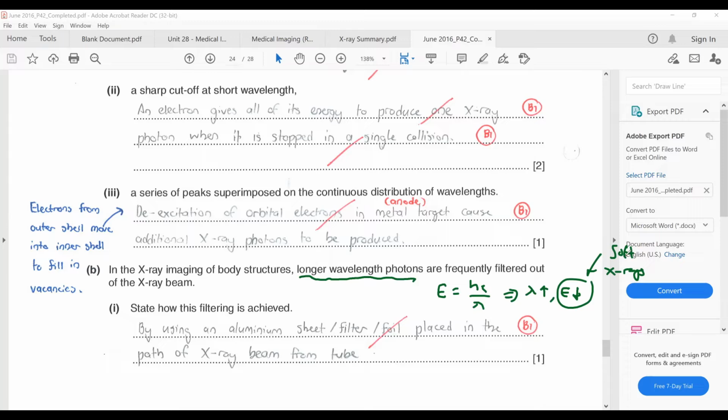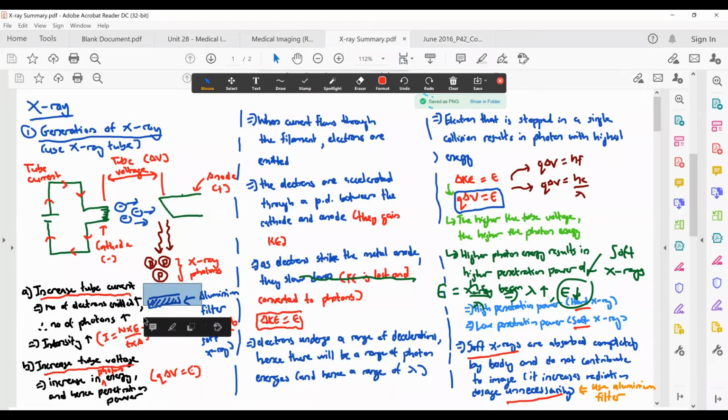Okay, that doesn't do anything other than giving you unnecessary radiation dosage. So how would you achieve the filtering? How would you filter it off? So as I mentioned to you, you need to use an aluminum filter. You can use an aluminum filter, an aluminum sheet, or aluminum foil placed in the path of the X-ray beam from the tube. So that part is talking about this part.